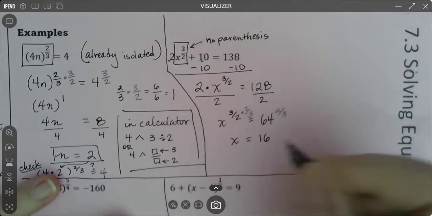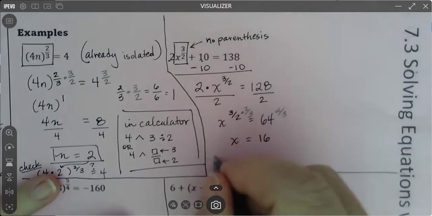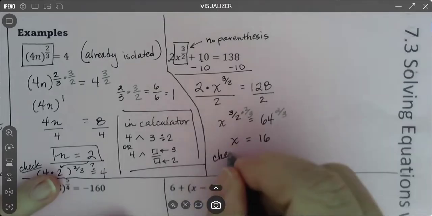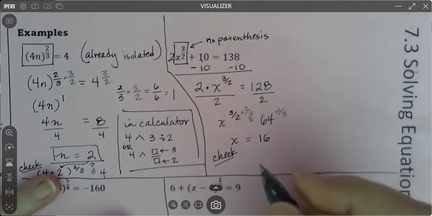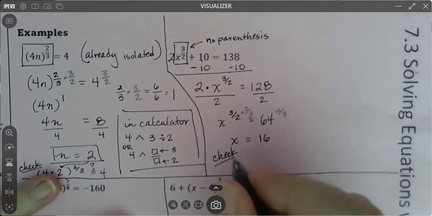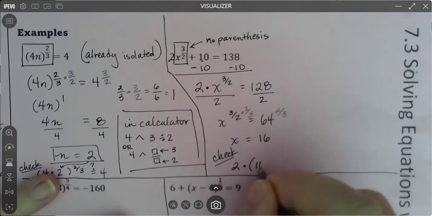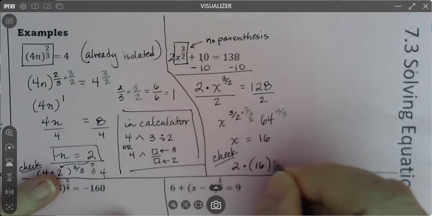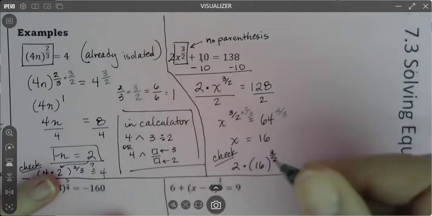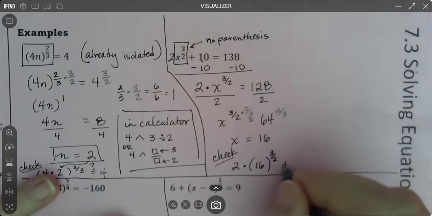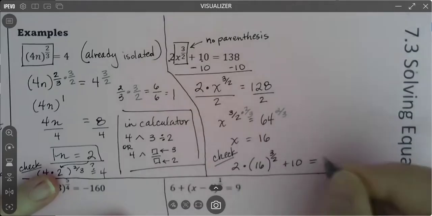And I can check this by substituting 16 for x in the original equation. So I'm just making sure that 2 times 16 to the 3 over 2 exponent plus 10 is equal to 138.